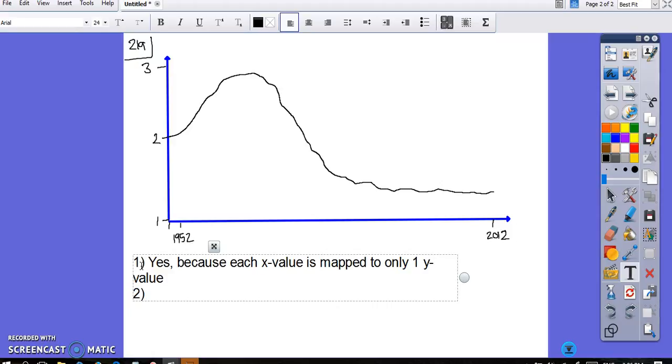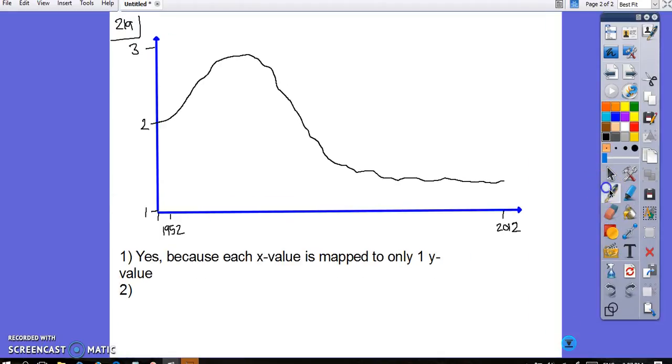For part 2, how big was the average number of children in the year 1978? So we need to go to the year 1978, which would be, I think it's about here in the book. You've got two little lines after 1976. So you find 1978. You come up in a straight line that's at right angles to your axis.